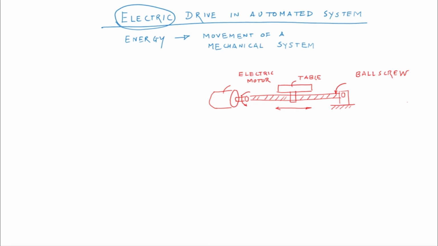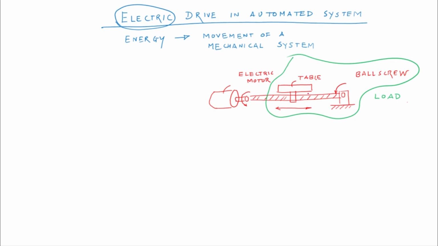A typical electric drive system has the electric motor. This electric motor is being loaded by a system. This entire system is called the load which we are applying on the electric motor.